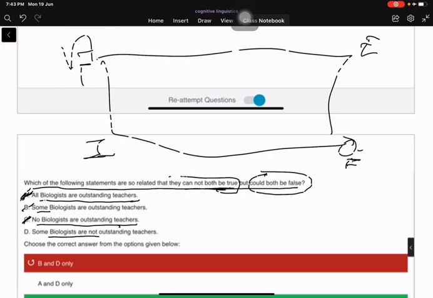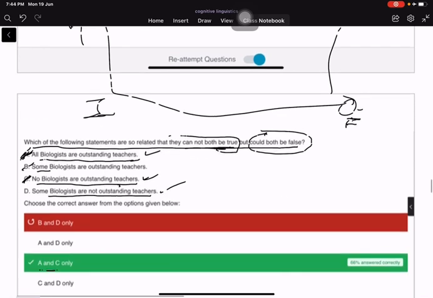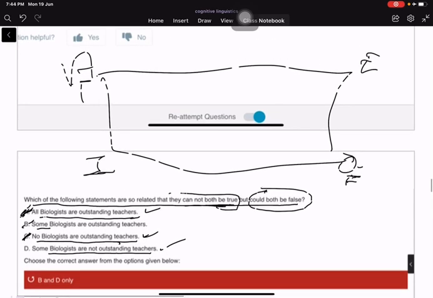Some biologists are not outstanding teachers. D would be one of the correct options for sure. No biologists are outstanding teachers is also one of the options, and all biologists are outstanding teachers. So A and C only.